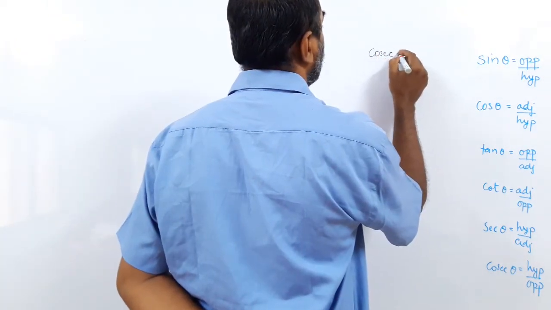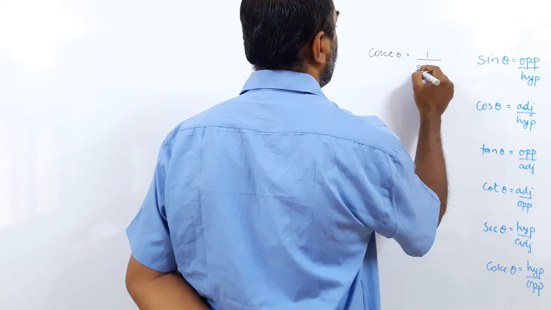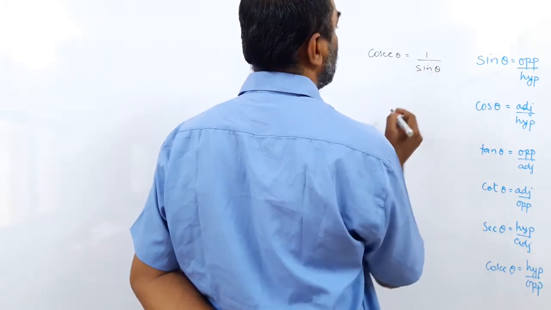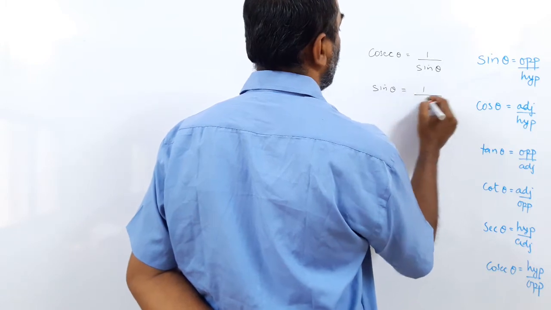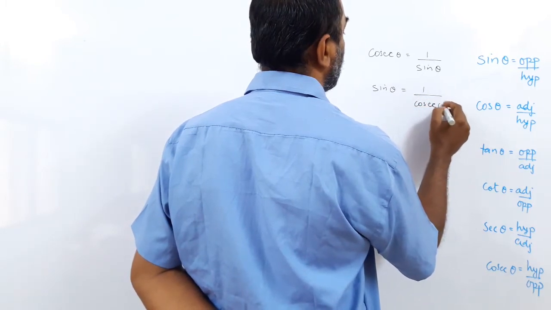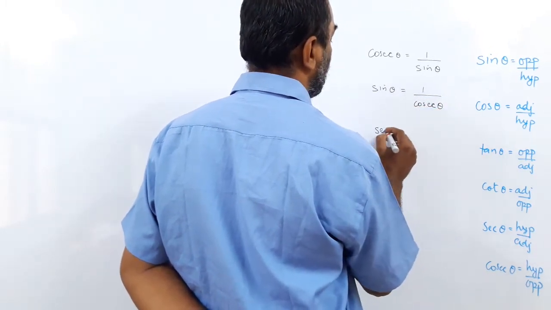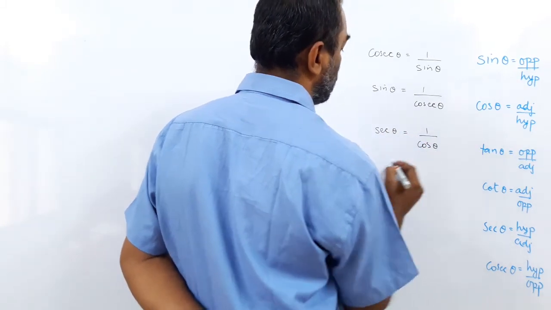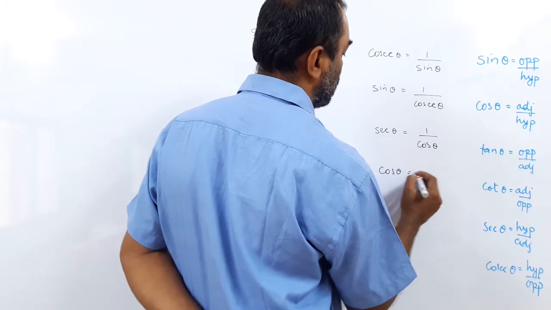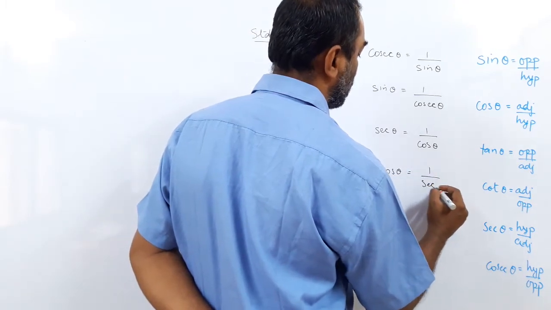Cosec theta is the reciprocal of sin theta. So cosec theta is 1 upon sin theta, or also sin theta is 1 upon cosec theta. Similarly, sec theta is the reciprocal of cos theta, or cos theta is the reciprocal of sec theta.